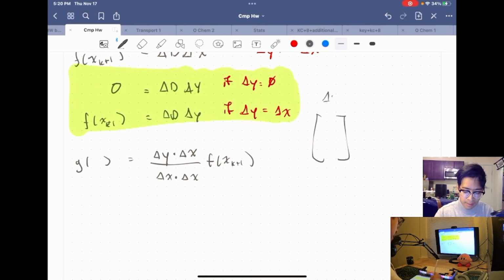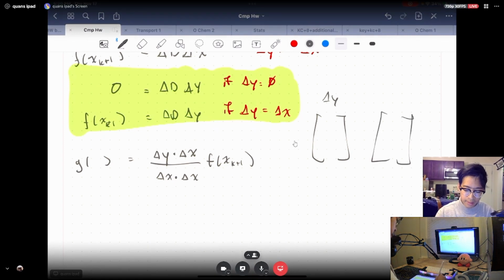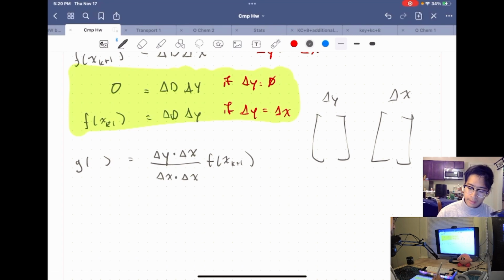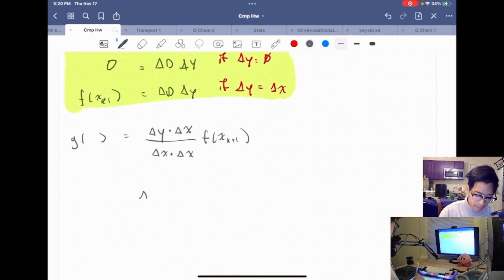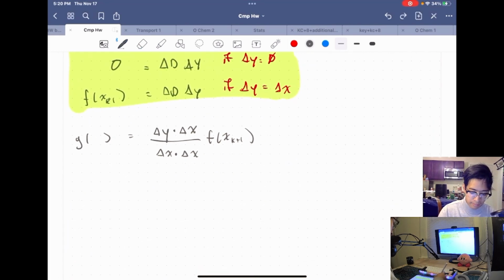If we take the transpose of delta x, we get a row vector, so we can rearrange it as such.